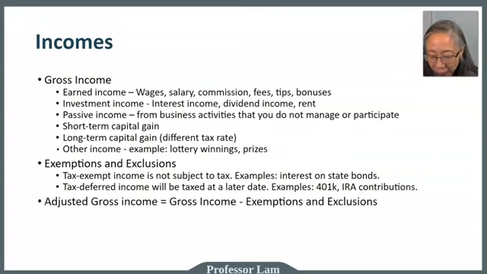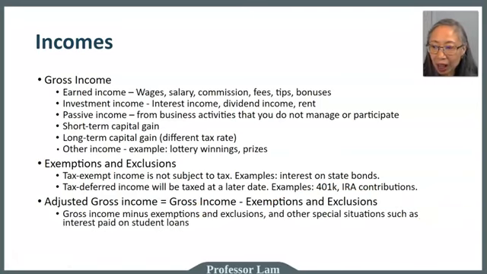Your adjusted gross income is defined as your gross income minus all the exemptions and exclusions. In addition to the common exclusions of tax exemption and tax deferment, there are also special situations. If you fall into these special situations, you will qualify for more exclusions, and these exclusions reduce your adjusted gross income.